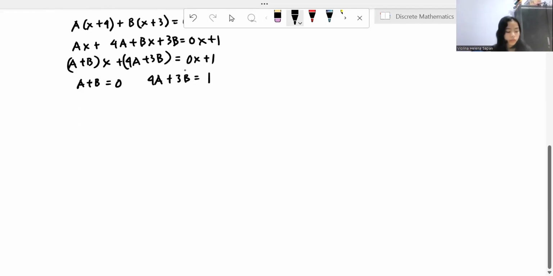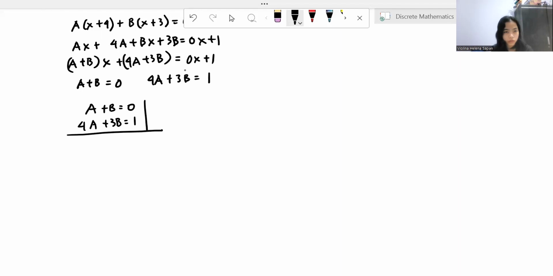Next, we can use algebra to solve for a and b. We can multiply both sides of the first equation by 3. So the upper equation will be 3a plus 3b equals 0. This one will stay as it is.